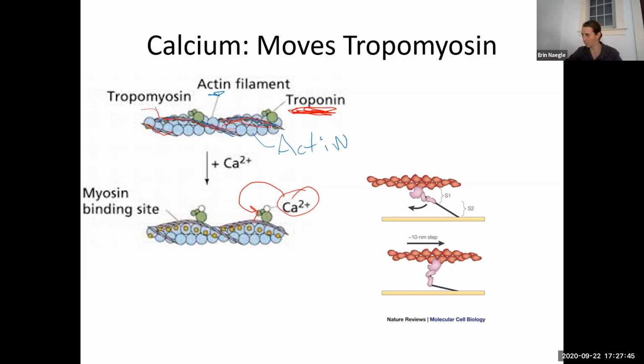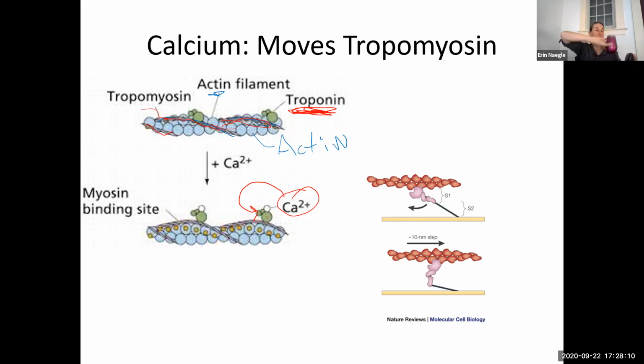So if this cup is the troponin and my arm is the tropomyosin, then troponin's the cup, and the calcium is going to be my mouse.